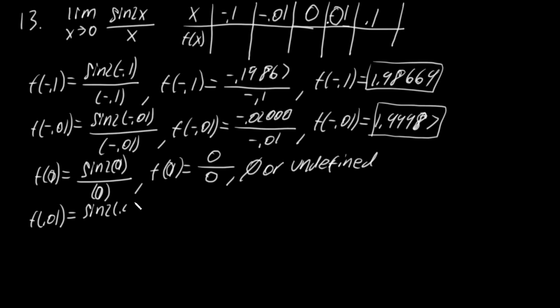We're going to work from the right, and we got 0.01 here, so we get f of 0.01 equals, in our numerator we got a value of 0.02000 all over 0.01. There is residue in the numerator, so don't be surprised when my answer isn't what you expect.